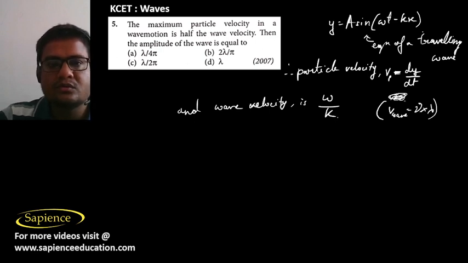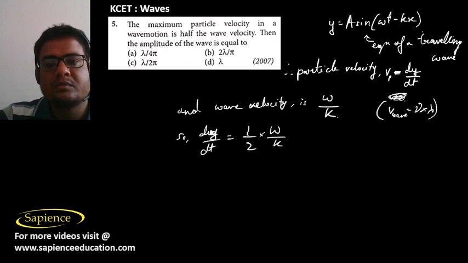So wave velocity is ω by k. Now here dy by dt, maximum particle velocity, is equal to half of the wave velocity, that is ω by k. So for maximum particle velocity, we have to find the maximum value of dy by dt. So that is equal to half of ω by k.